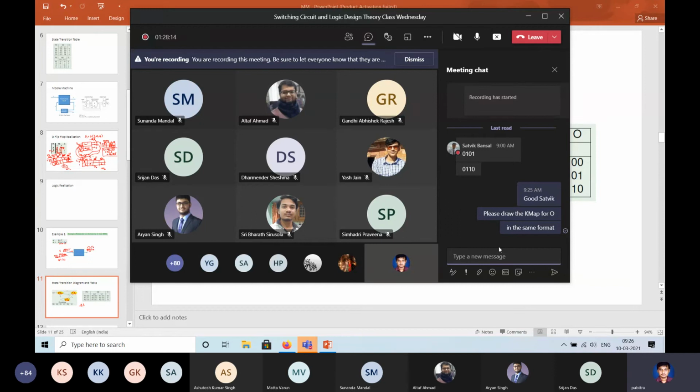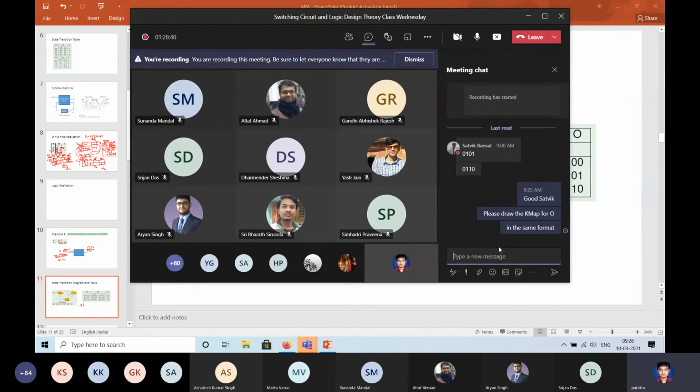You see there are 2 rows. You just type the rows line by line. Let me see the K map for O. Can you type the K map for O in this format? For example, 0 1 0 1 is for I equal to 0, and 0 1 1 0 is for I equal to 1. In this case, it will be S1 and S2. Can you quickly type the Karnaugh map here?